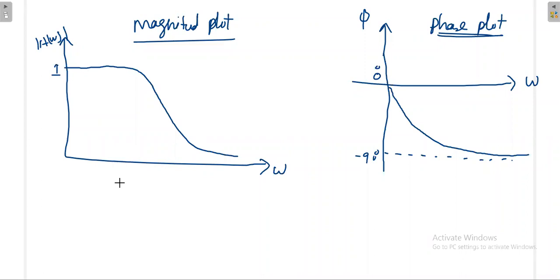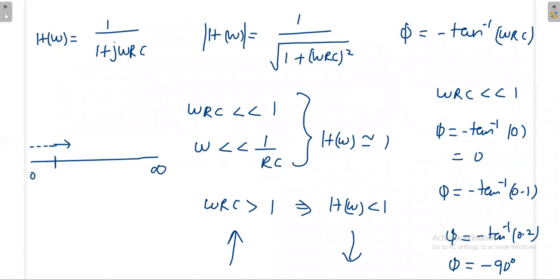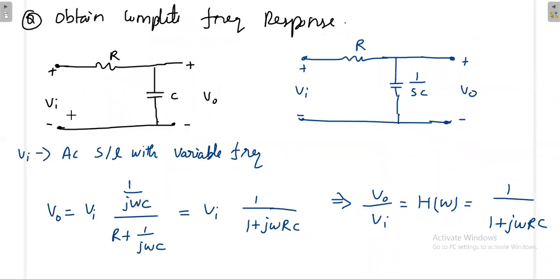Based on that we have to choose the operating range. Then what is the nature of this circuit? Say this circuit is providing a gain of 1 for low frequencies. Beyond a certain frequency the gain is getting decreased. You have an input signal whose frequency you can vary.